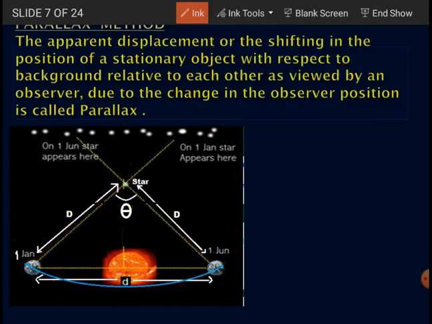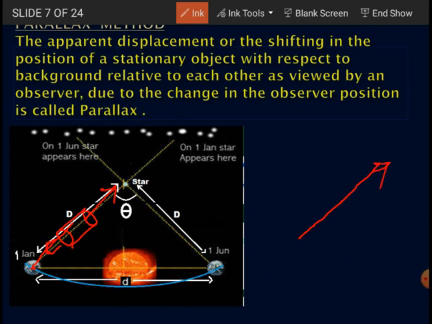Now look, suppose at this position, when you are looking through the telescope, your line of sight, that means line of your vision, is along this. Am I right? So you try to keep this line of sight here at one position.